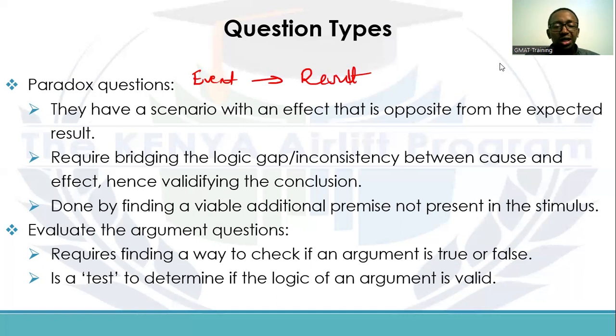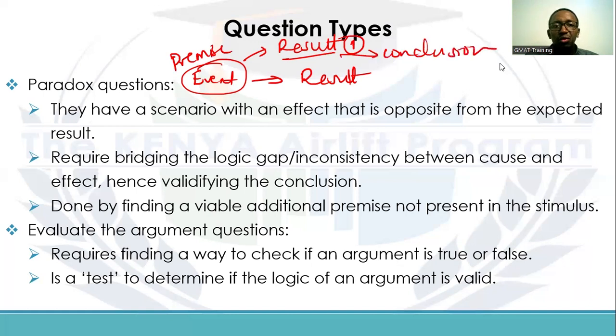So the result that we get is opposite of what we expected. So here, what do we have? We have, knowing this event happens, then we know, say, result one should happen. So if you think about this, we have our premise here, and then we have a conclusion.